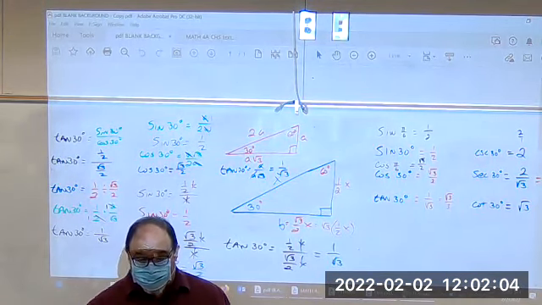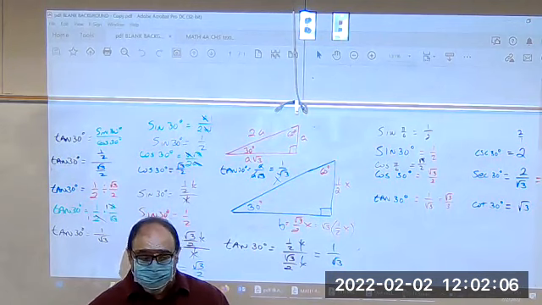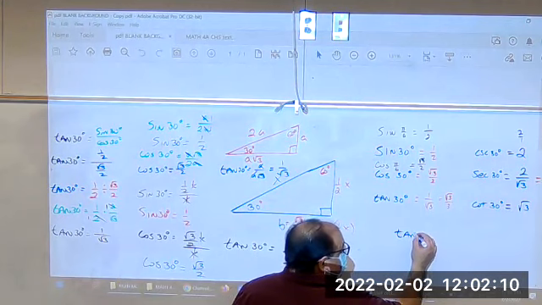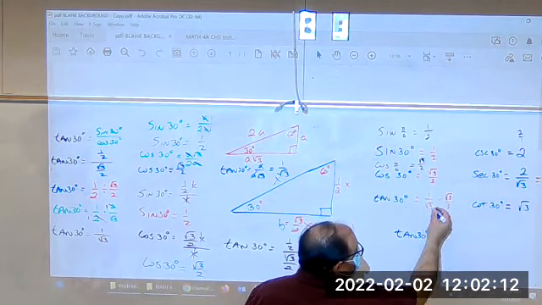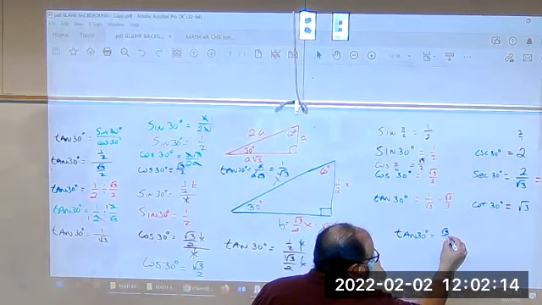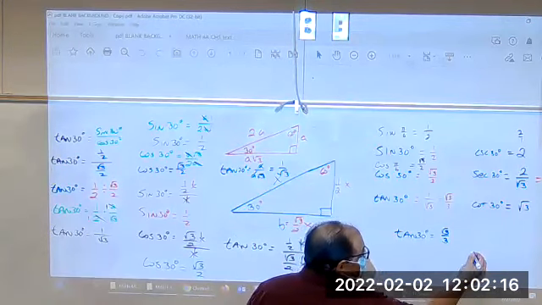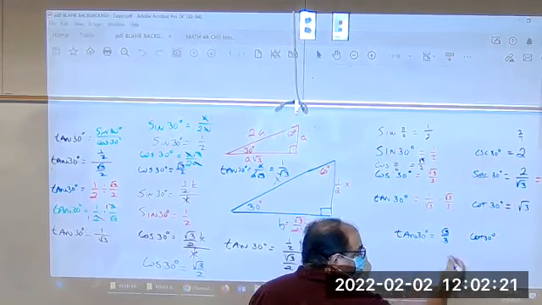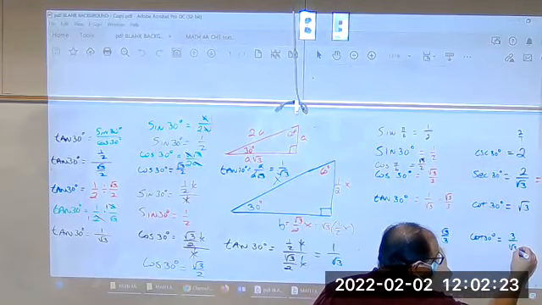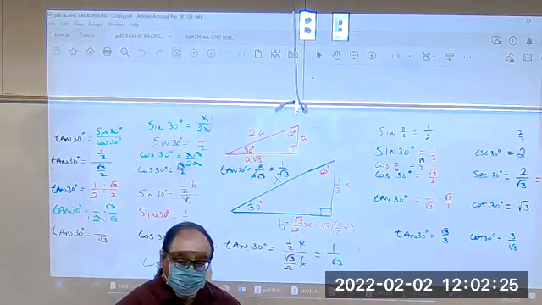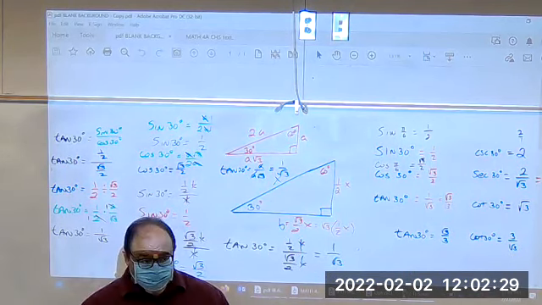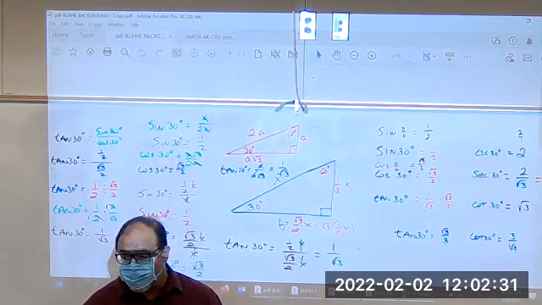Now, here's the dilemma when you get into this unrationalizing mode. Let's say you take your tangent 30 degrees and you go, all right, I'm going to rationalize, so square root 3 over 3. So now your cotangent 30, you take the reciprocal and you put 3 over square root 3. Well, if you're going to rationalize one, aren't you technically setting the precedent you better rationalize all the time?